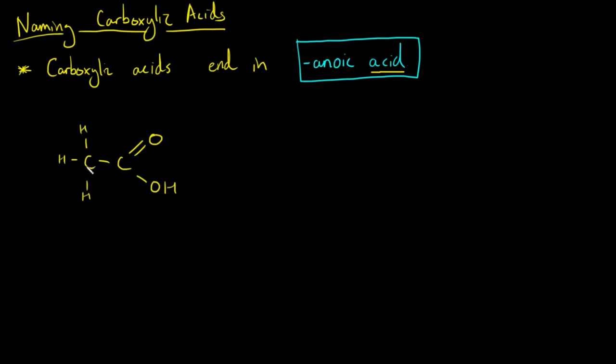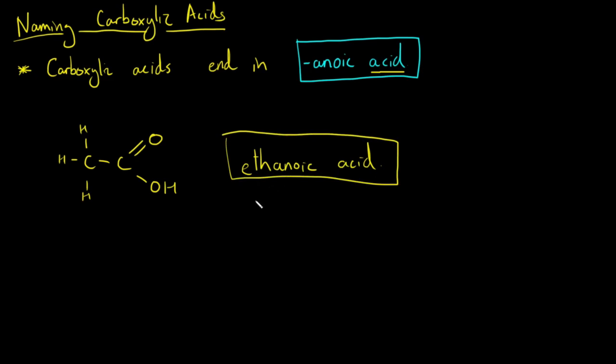We've only got 2 carbons here, so this is obviously the longest chain, and the prefix for 2 carbons is eth. Now we have a look at the molecule, decide that it's a carboxylic acid because it has the carboxyl functional group, so it's going to be ethanoic acid. Quite straightforward.